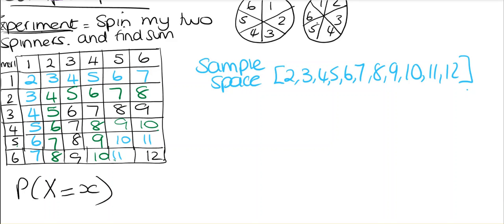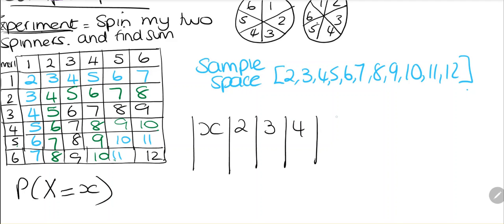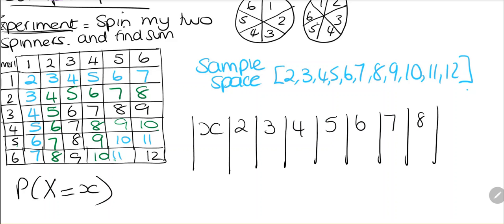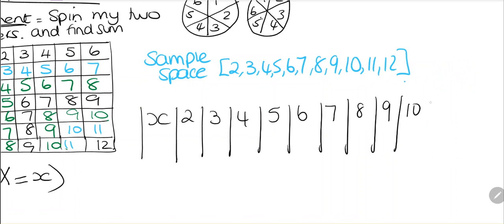So this is going to be when it is 2, 3, 4. So my table of values, this is small x, and then I'm going to have 2, 3, 4, 5, 6, 7, 8, 9, 10, 11, 12.